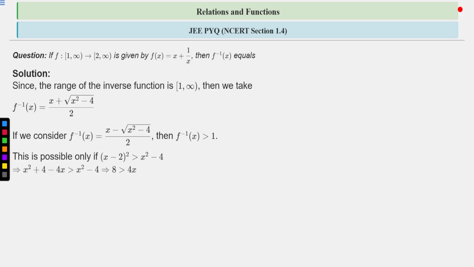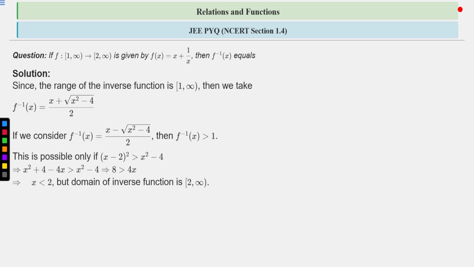You can ask your doubt in the chat. So x square plus 4 minus 4x greater than x square minus 4. This implies 8 will be greater than 4x. After solving this, you will get x less than 2.